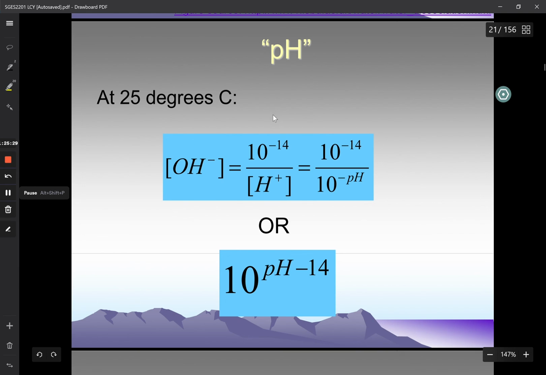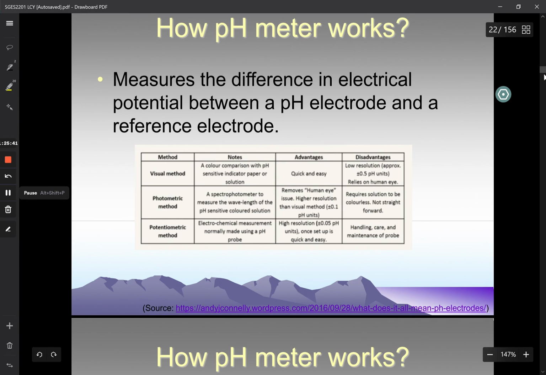So you can look through this, the pH at 25 degrees centigrade, and how this equation is being derived, right?